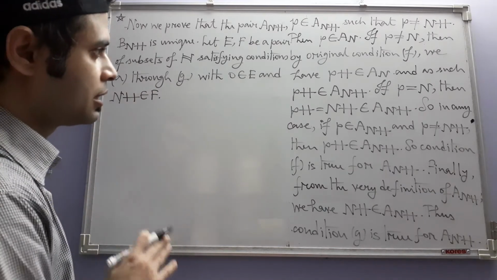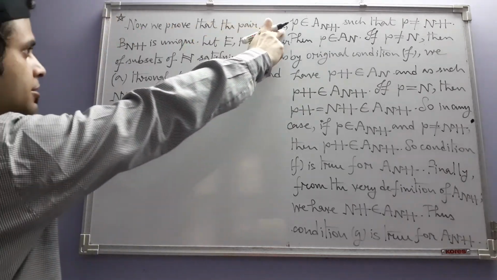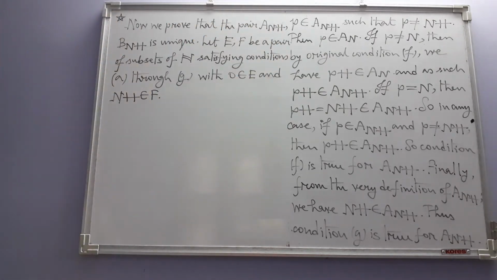Our aim is to prove that E is equal to A_n plus plus and F is equal to B_n plus plus.